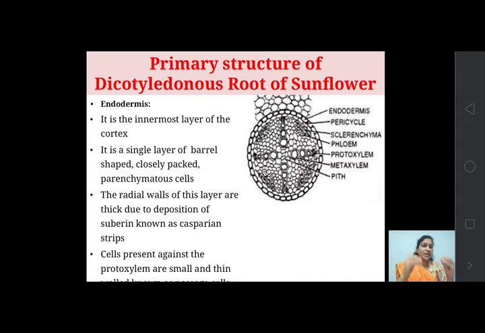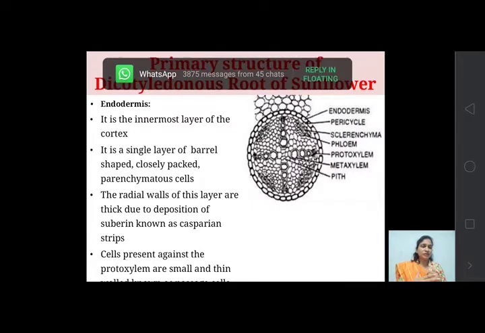Only the endodermal cells which are present against the protoxylem are thin walled, they do not have any thickening, and they allow the water to pass, and these are known as the passage cells of the endodermis. The endodermis is the innermost layer of the cortex, and it is also the demarcation line between the cortex and the central part of the root.